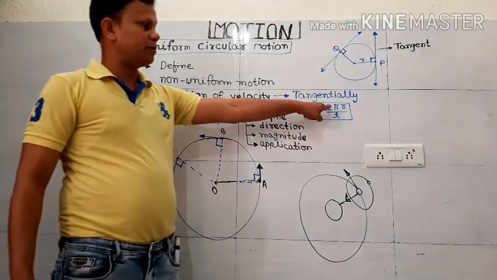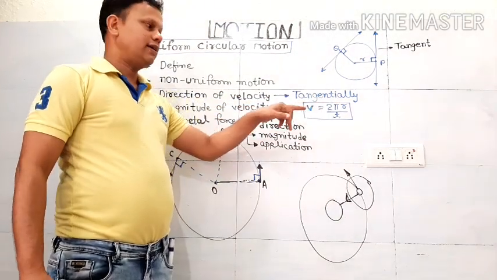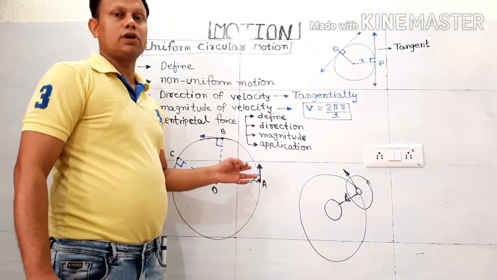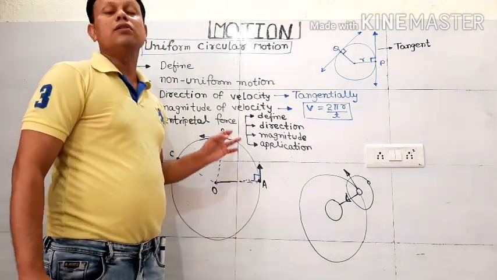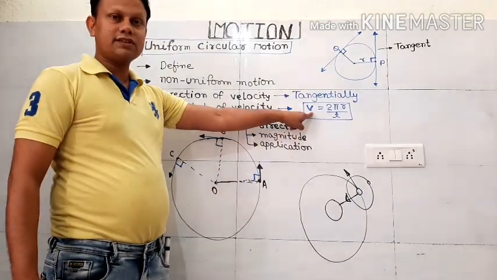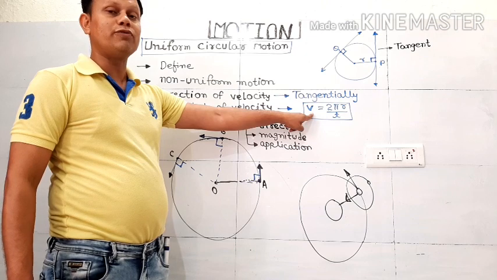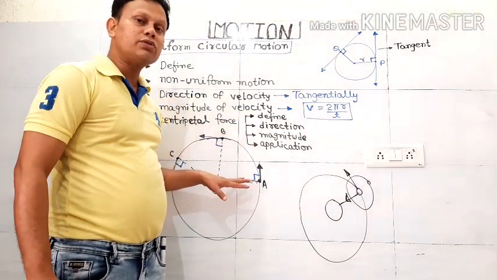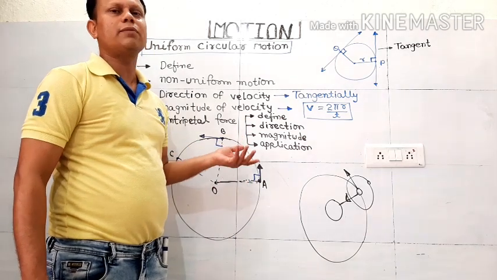So I have taken the perimeter as the distance, and the time taken for one complete revolution. Actually, if you observe, it is the formula of uniform motion, that is distance by time, because here the magnitude of velocity is not changing, so we can apply that also.